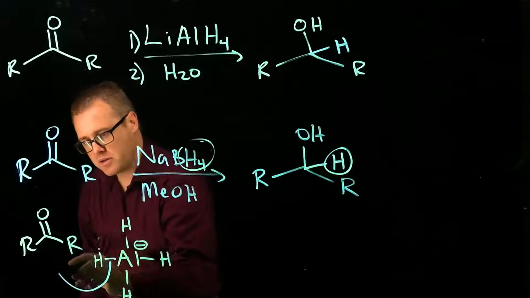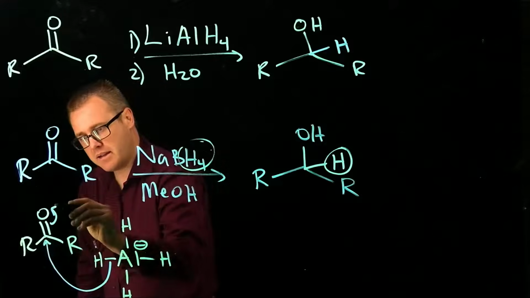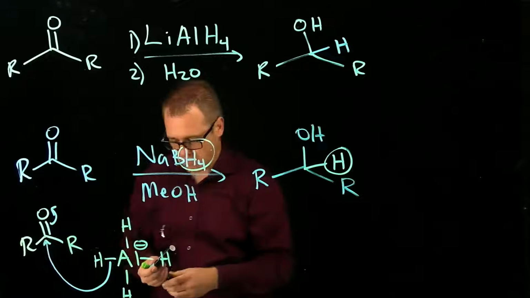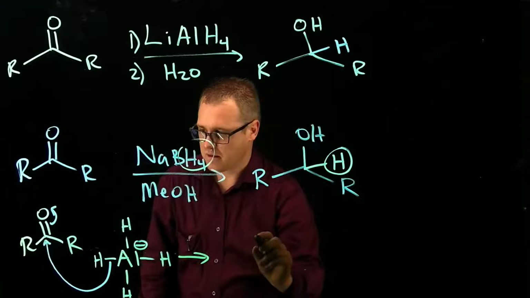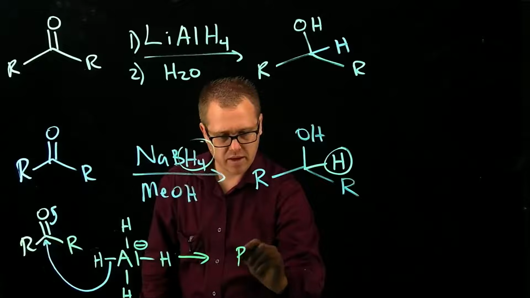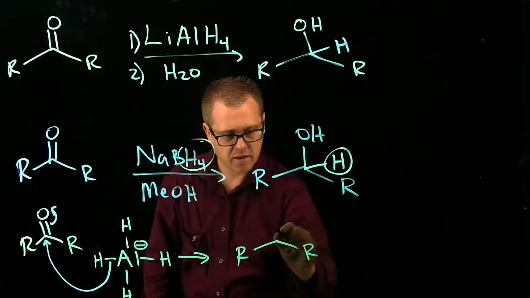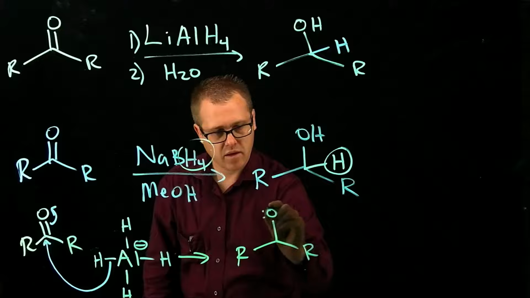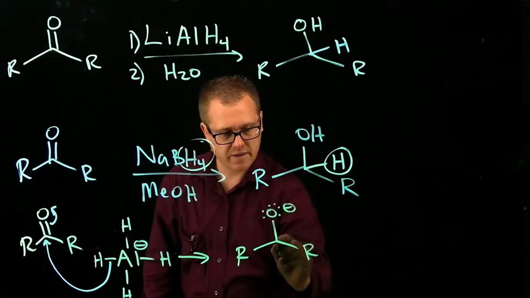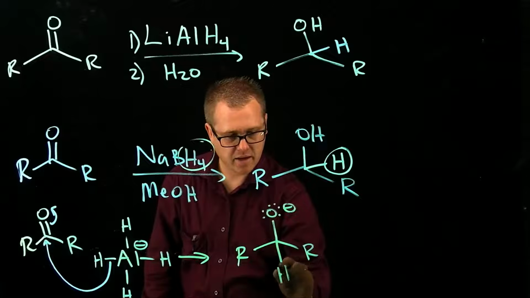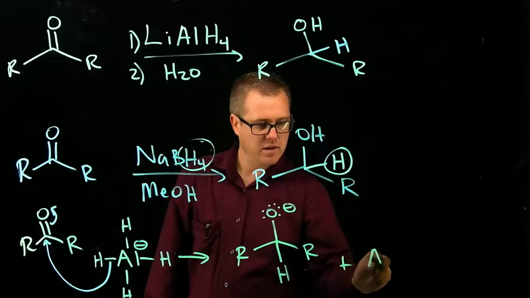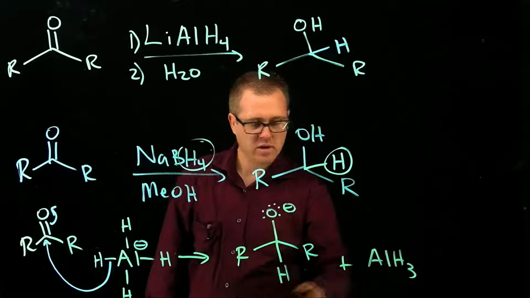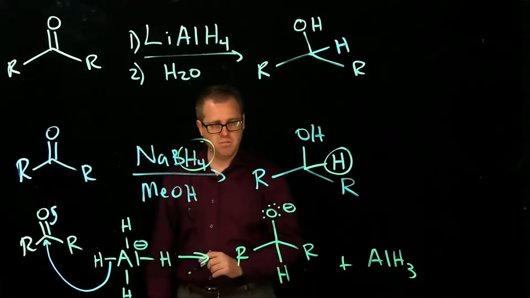So that bond is going to come and attack like that and going to give us, I'll draw it like this. Negatively charged, and then we added our hydrogen plus our aluminum with 3 hydrogens.